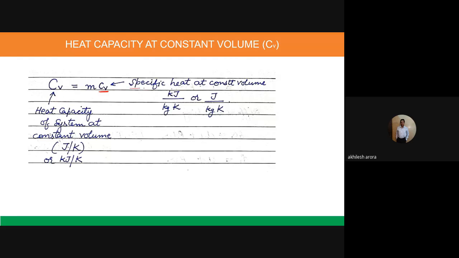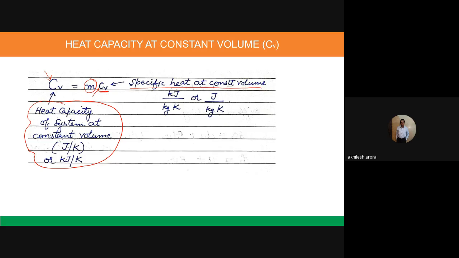Cv is specific heat at constant volume. If I multiply it by mass, then I will get the heat capacity of the system at constant volume. So here it is capital C, here it is small c. That is the difference basically. You know that if it is a small letter, we use it for an intensive property.